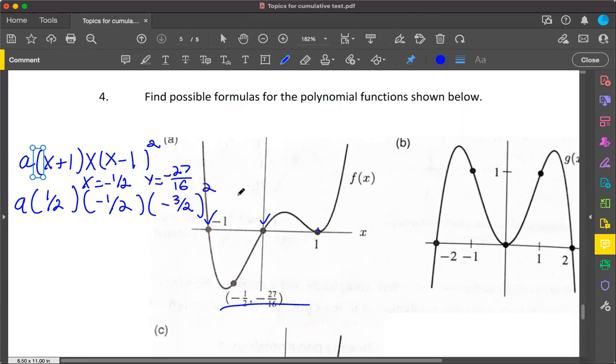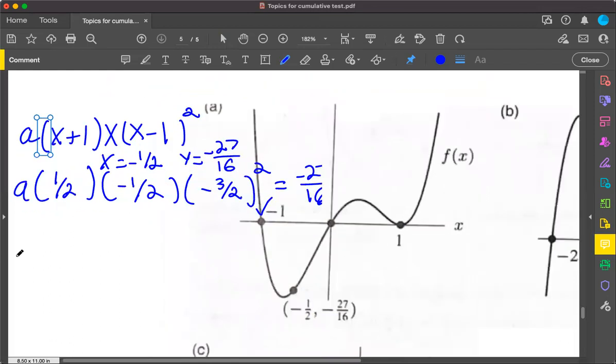And remember, this is being squared. And you're saying that this all equals -27/16, right? Because that's what the point that they gave us is saying.